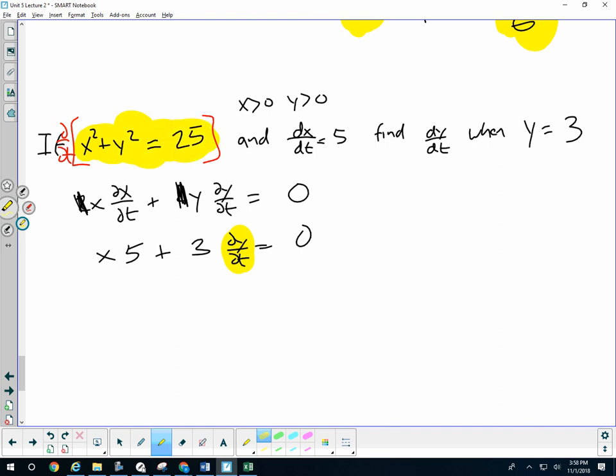Use the original equation. If y is 3, could you find what x is when y is 3? Yep. All right, find what x is when y is 3.